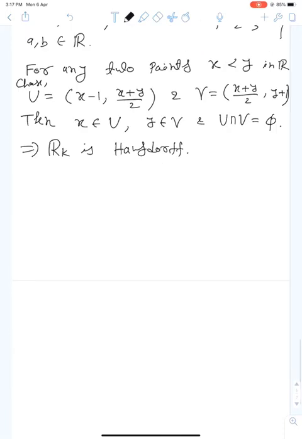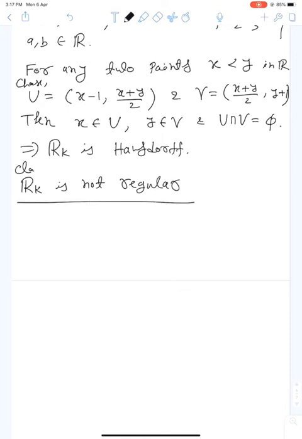Now we claim that RK is not regular. To prove that it is not regular, we need to find one point and one closed set such that they are not separated by open neighborhoods.